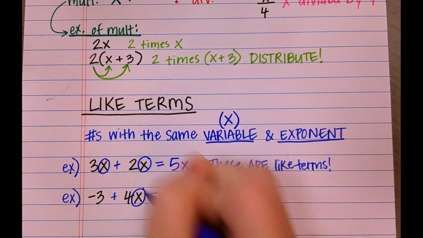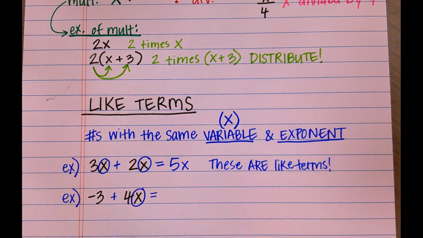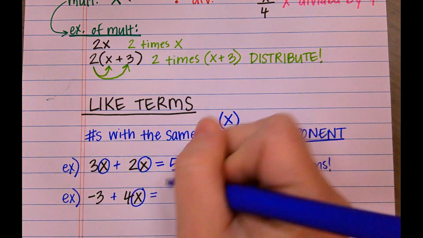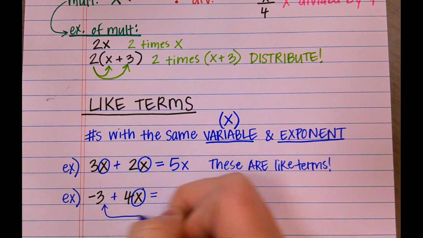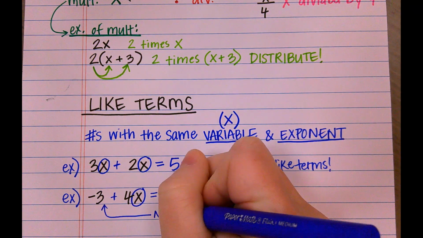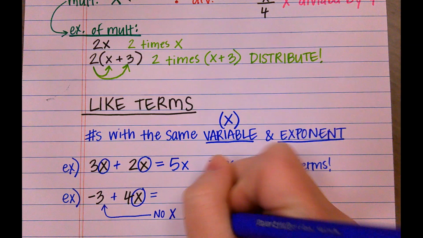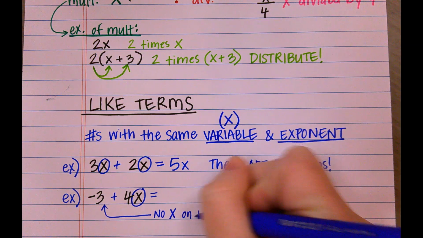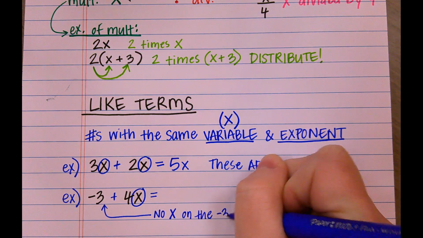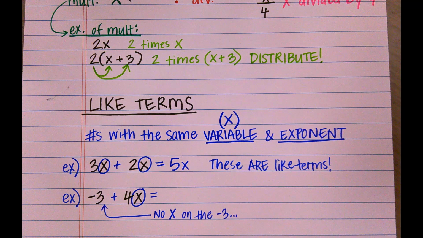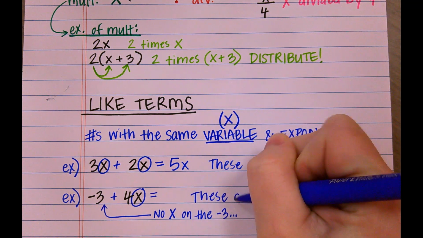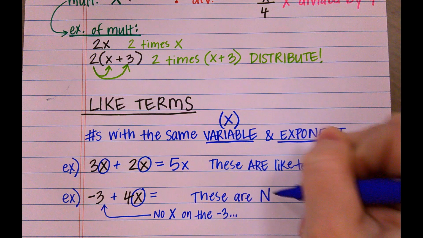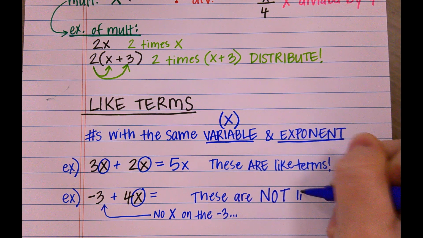There is no x on the 3, so I cannot put these together. So what we're going to say here is no x on the negative 3. These are not like terms.